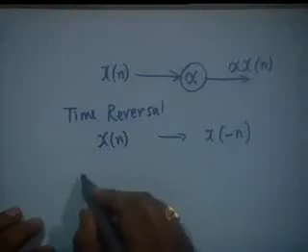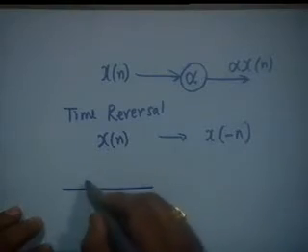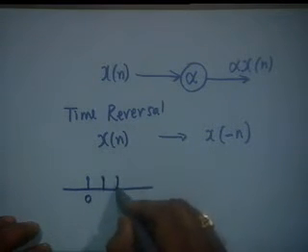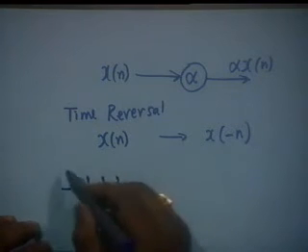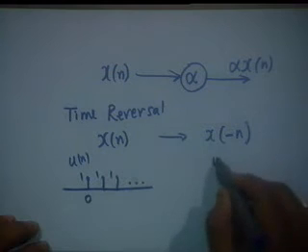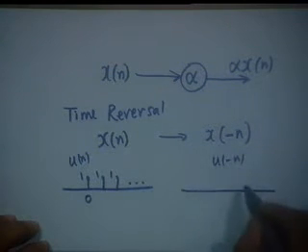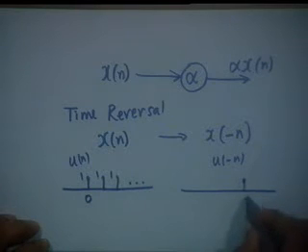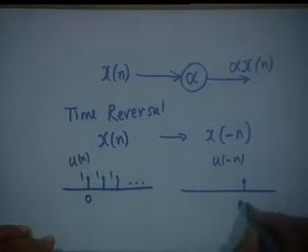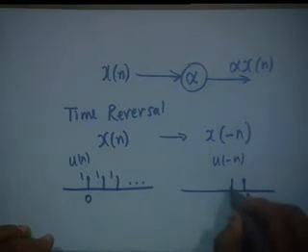For example, as you know, u of n is 1 for n greater than or equal to 0. What is u of minus n? It starts at n equal to 0, because minus 0 is the same as 0, and then goes to the left.